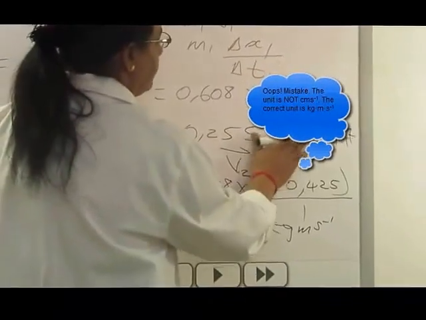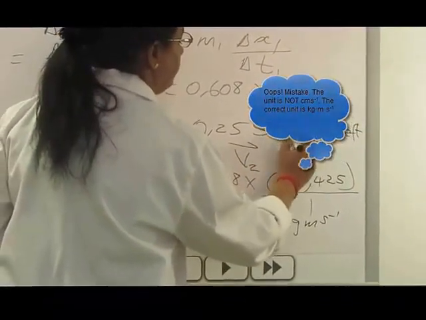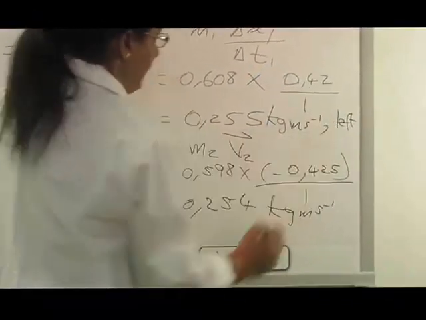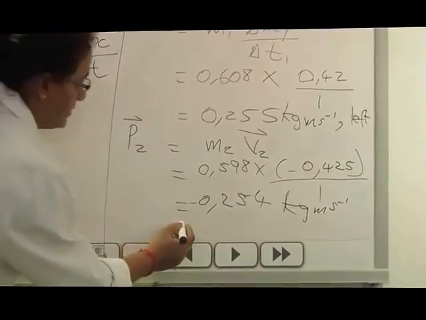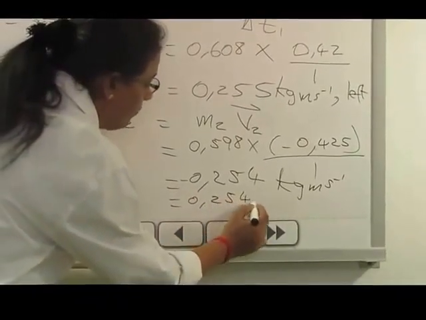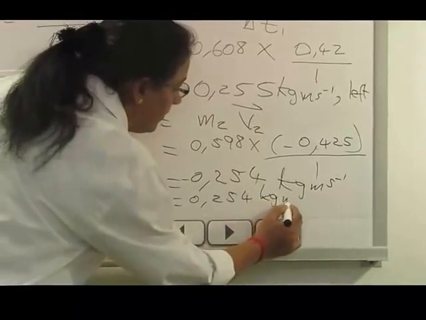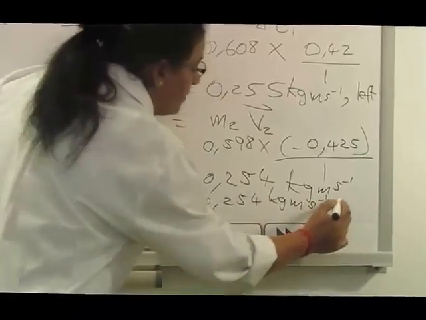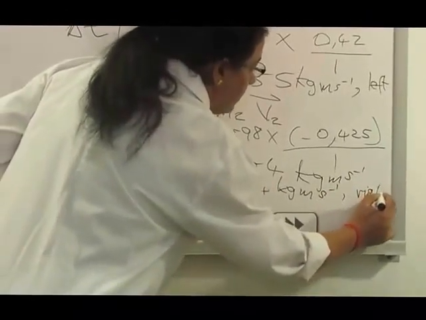By the way, this here is kilogram meter per second. Okay, and this is 0,254 kilogram meter per second to the right.